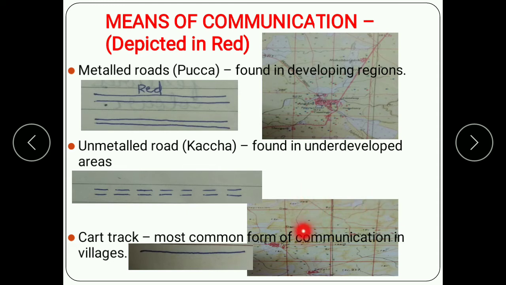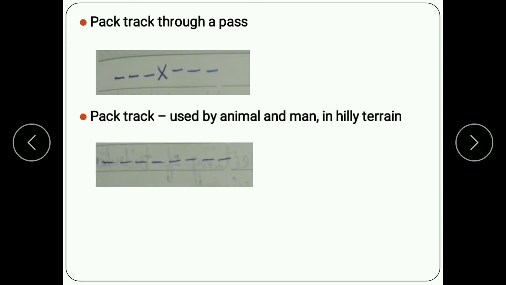Next, pack track through a pass. Pack tracks are paths used by animals and man in hilly terrain. These pack tracks are the same as cart tracks, but a cart track is a single red line, while a pack track is a broken one in red color. Next, footpath in steep areas.